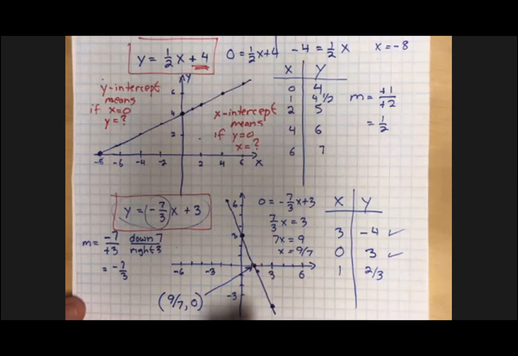So sometimes the intercepts are both hard to find, both easy to find, one easy, one hard. But if you can locate a point and a slope, you can draw through the whole line. You can draw through the whole line relatively easily.